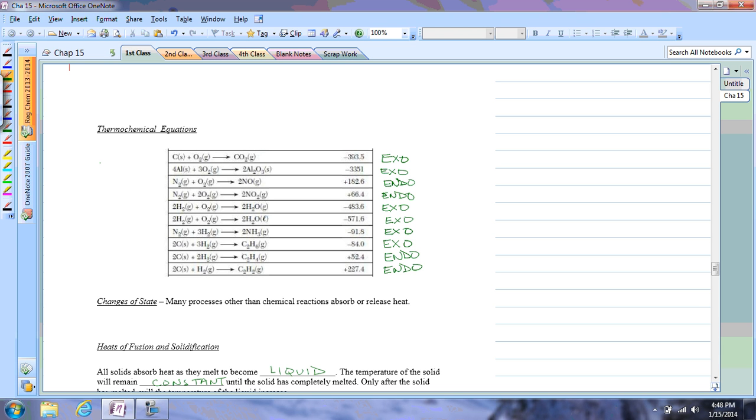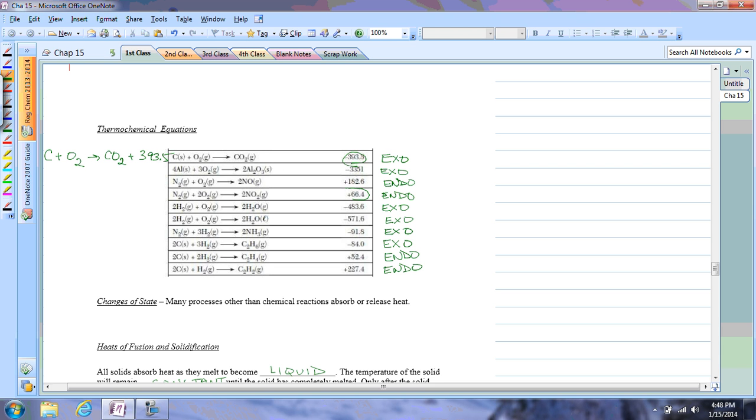If we were to write this with the energy term in the equation, since it's exothermic, we would say carbon plus oxygen turns into CO2 by giving off 393.5 kilojoules of energy. We know the energy term is to the right because it's an exothermic reaction, because it has a negative value for delta H.